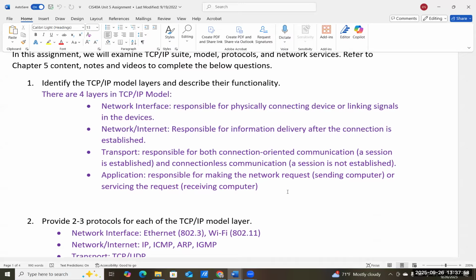For the 4 layers in the TCP/IP model, you would start with the network interface. With the OSI layers, your physical, data link, and network were the first 3. In TCP/IP, they combine the physical and the data link to have the first layer, called the network interface.